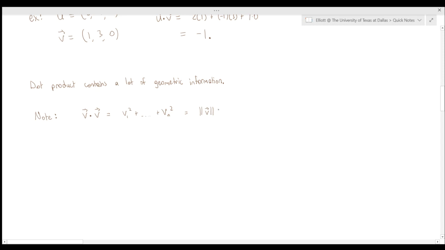So it's really the norm squared because it's missing the square root. This is a very useful formula, which I'll try to illustrate with some examples during this review. This is one way in which the dot product contains some geometric information. You can recover the length of a vector from the dot product using this formula.